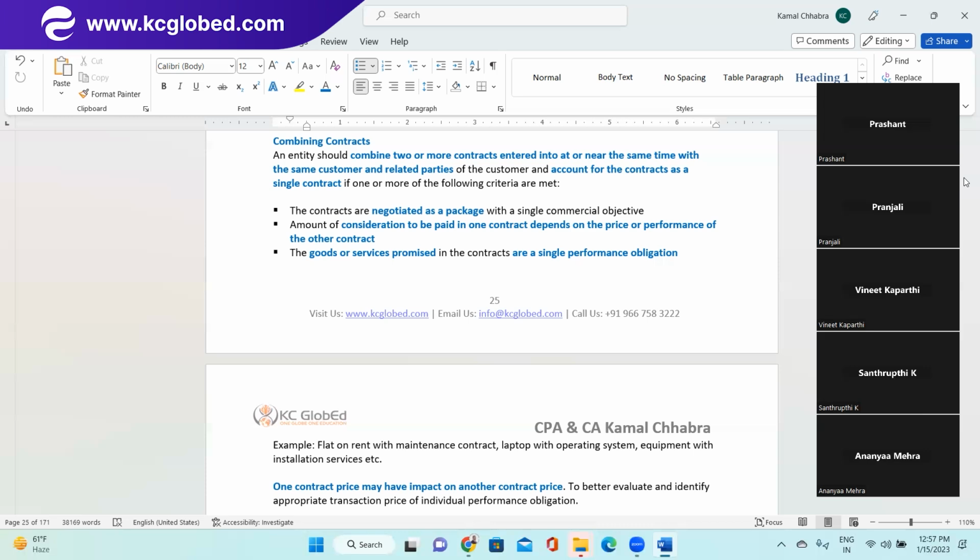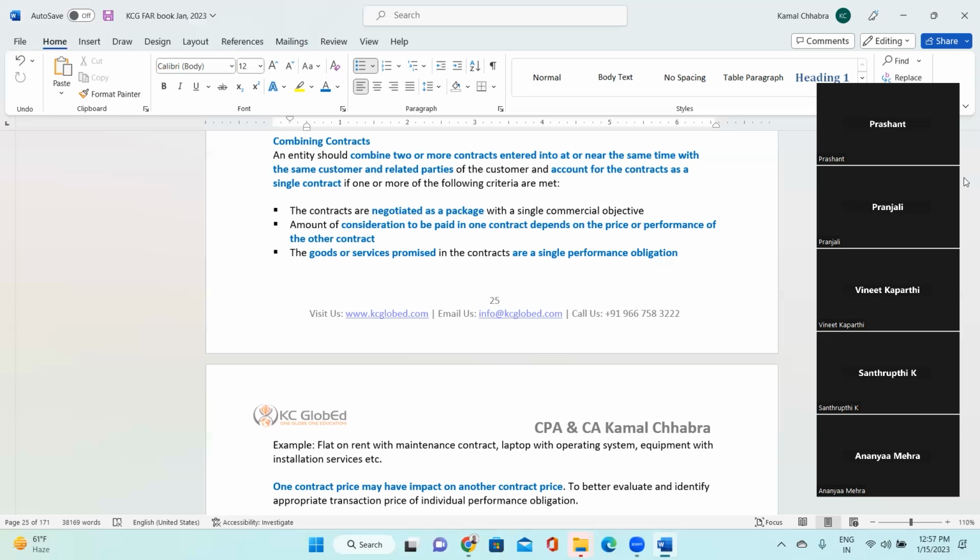In that scenario, both contracts need to be evaluated together and considered as one contract. Otherwise, it may be possible that for one contract revenue is high and for another it is loss making, right?